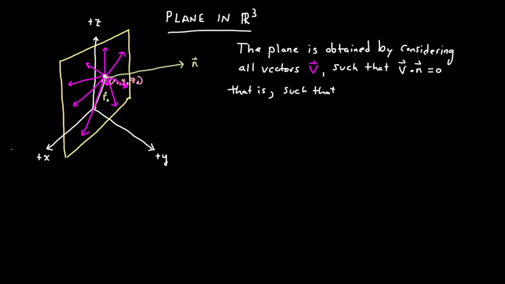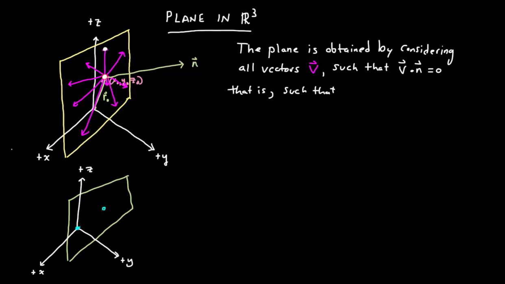Now I've got to back up here for a second. How do I define each of these vectors v? So let's come back to our diagram. Here's where all the vectors begin, and they all end somewhere out here, another point on the plane. Let me come down here to clean things up a bit. So again, we have a point on the plane that we know, and that's x0, y0, z0, and then we have our vector r0 that goes out to that, and we've got that established.